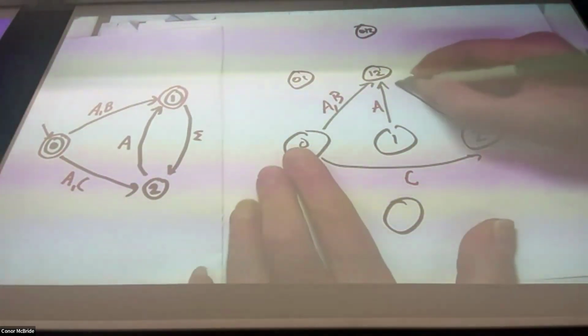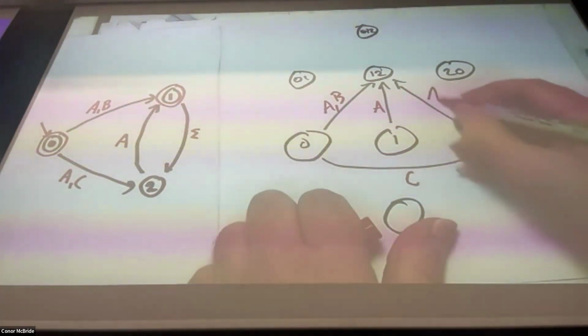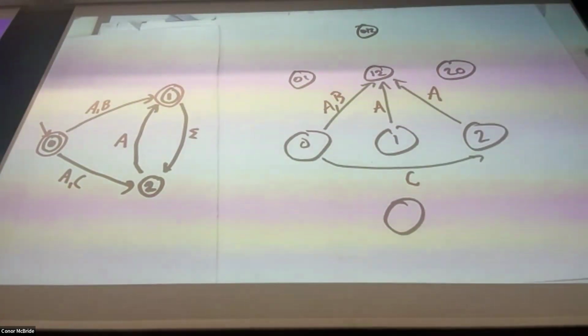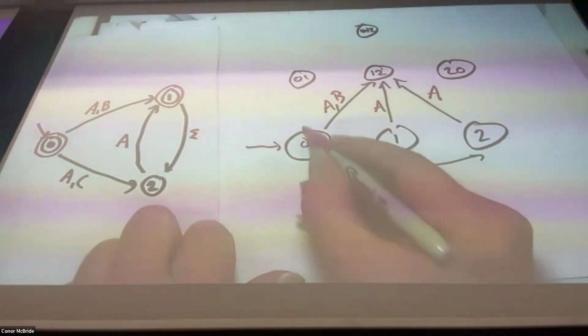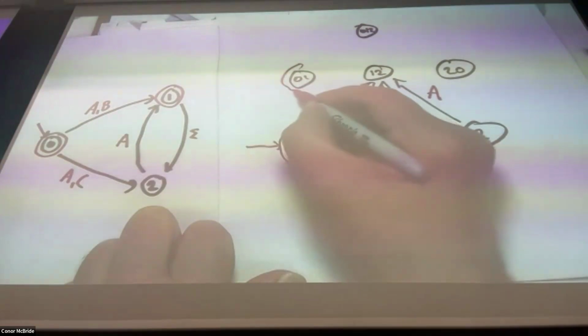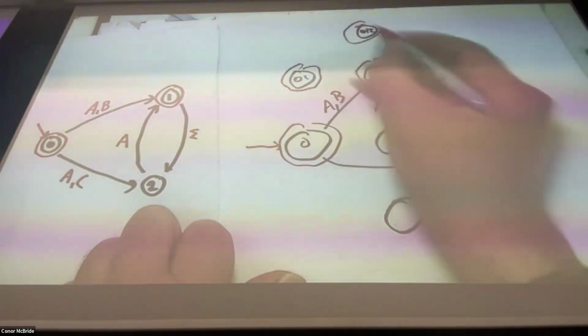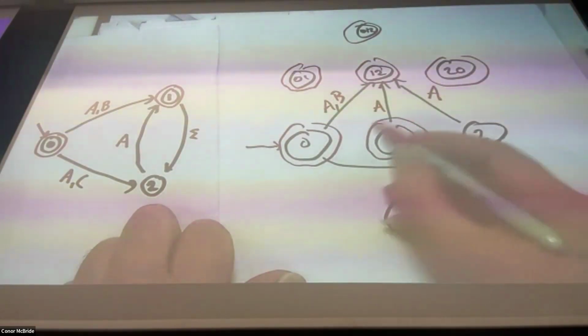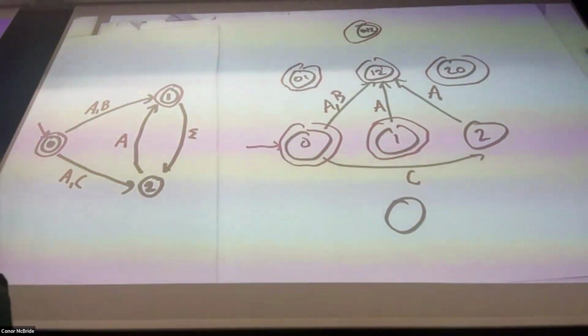So that's labeled with an A. And now I forgot to redraw the acceptances. Right. And I have to figure out what happens.